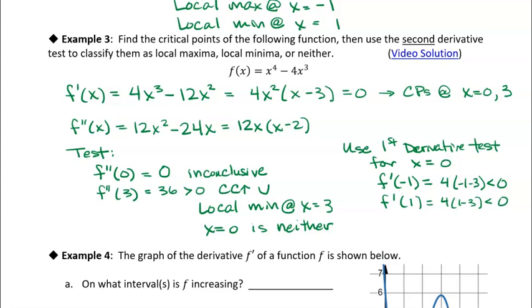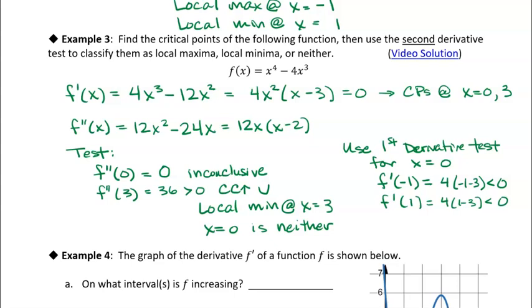Now, in order to determine that, we had to use the first derivative test on it, because the second derivative was inconclusive in this case. So that's one of the issues with the second derivative test: it's not always conclusive. But it can be easier sometimes, especially if it's easy to take the second derivative of the function.